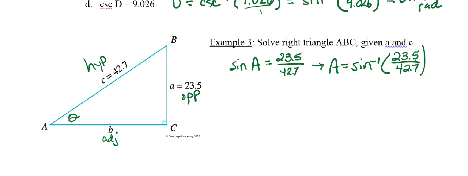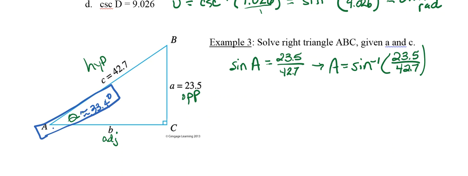So inverse sine of 23.5 divided by 42.7, and most of you probably want that in degrees. I think people are just more comfortable that way. So if I have that in degrees, it's approximately 33.4 degrees.